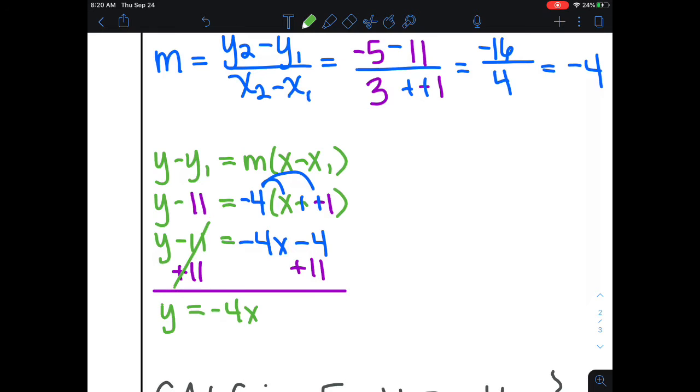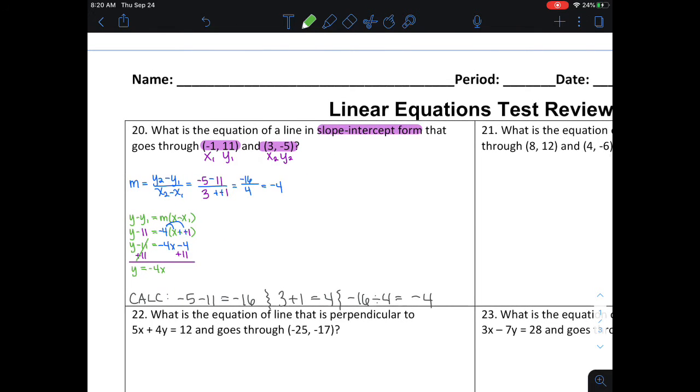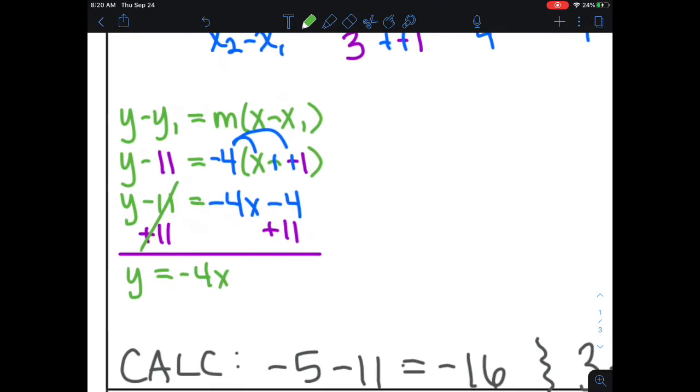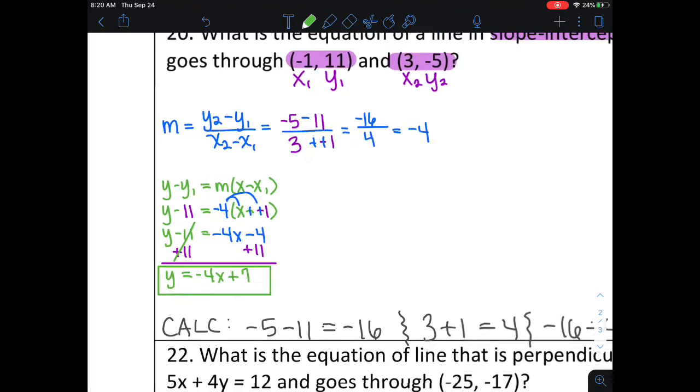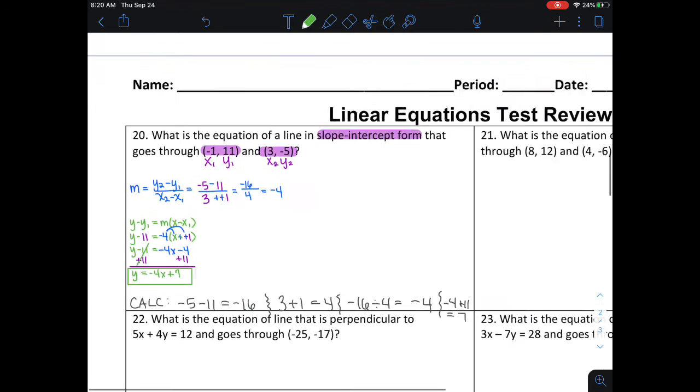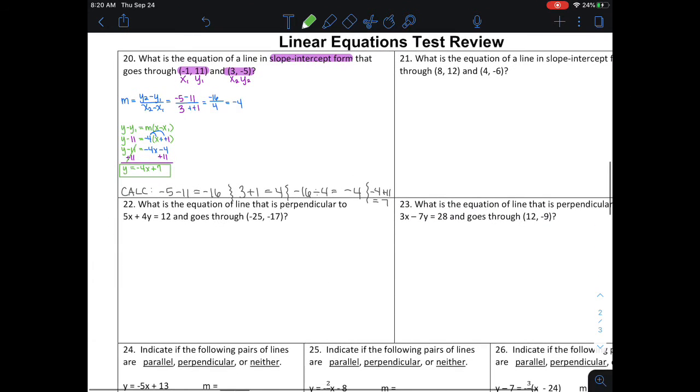In your calculator, you would type negative 4 plus 11, which equals 7, positive 7. And that is that. We're done. So it's in slope-intercept form, so we did our job. That's that. All right, number 21 is the same as number 20, so you can do that on your own.